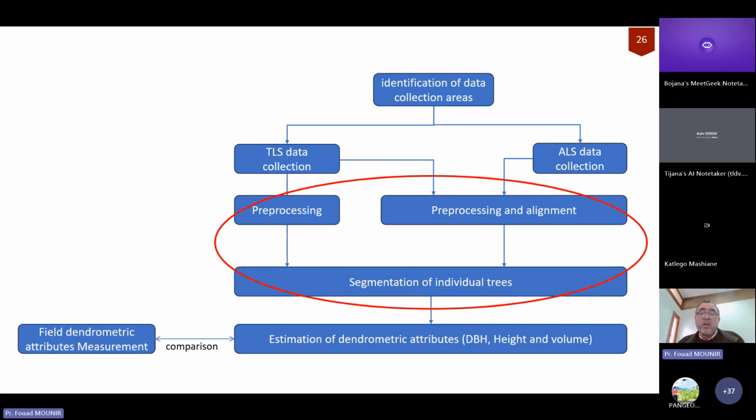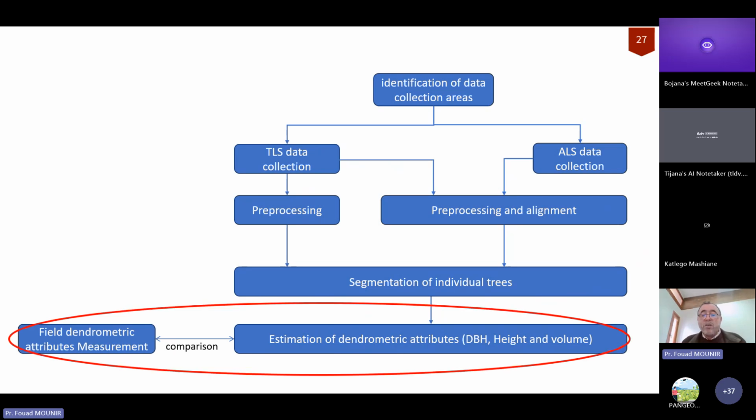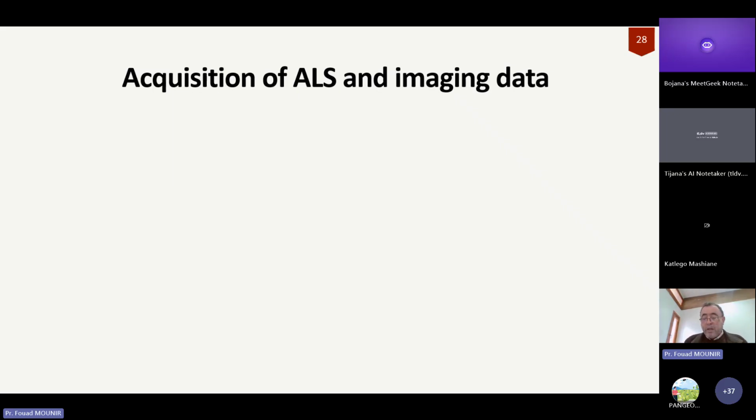The processing consisted mainly of the alignment of the 2 kinds of data, TLS and ULS, and the pre-processing mainly consisted of cleaning and eliminating inconsistent data. After that, we estimated dendrometric attributes, mainly DBH, height, and volume, and compared the data derived from LiDAR and drone images with the dendrometric attributes measured in the field.